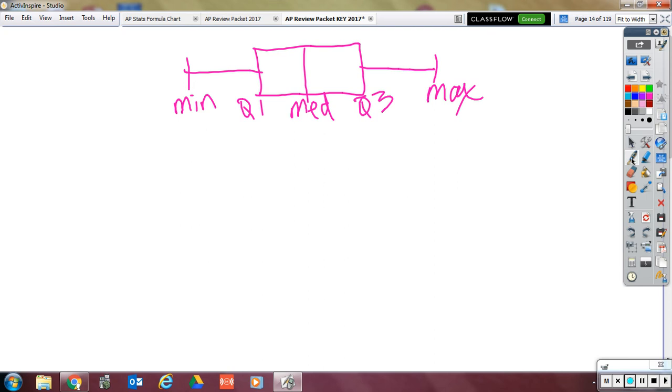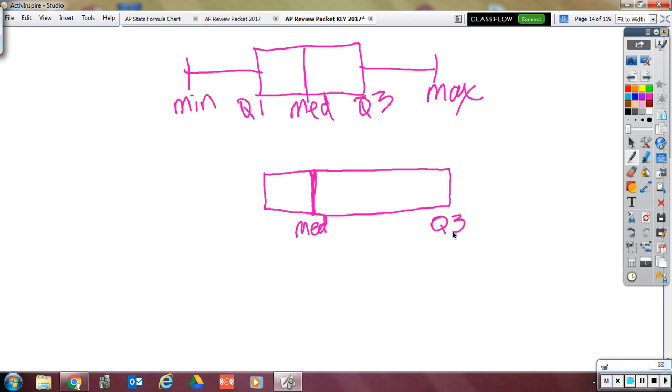Okay, very good. If, say, the median to the Q3 is really huge as compared to the median to the Q1, that would look skewed right. And whatever these other parts are doing, that doesn't matter.